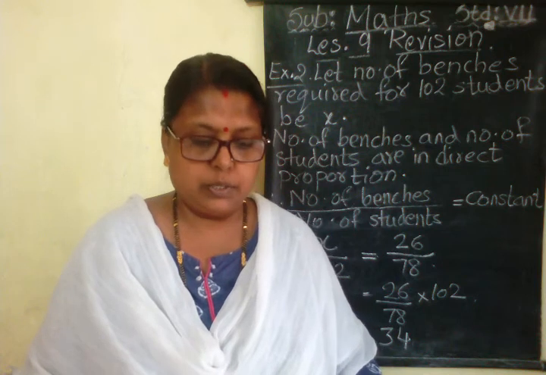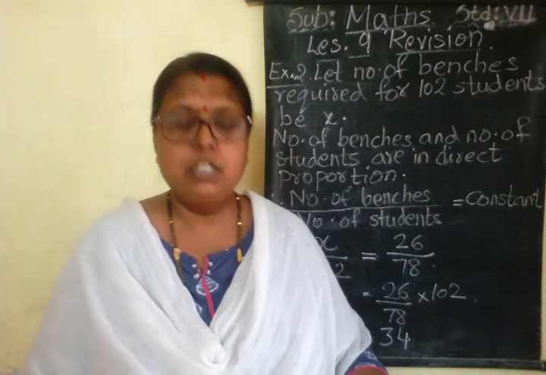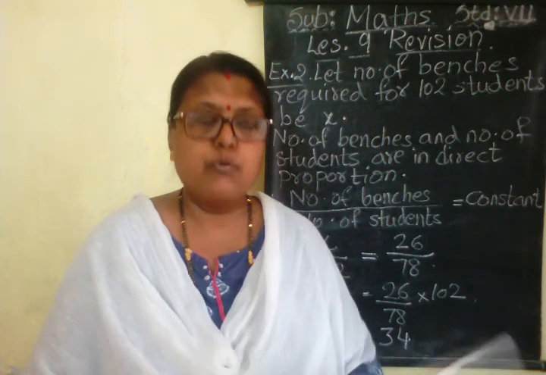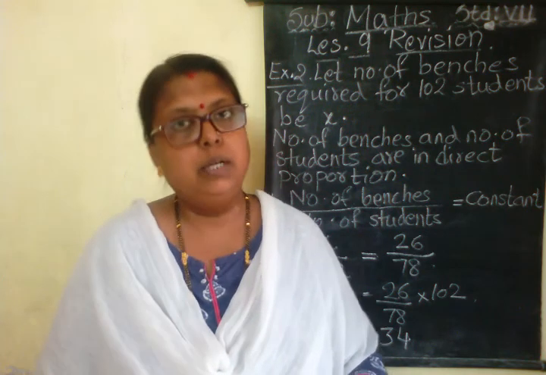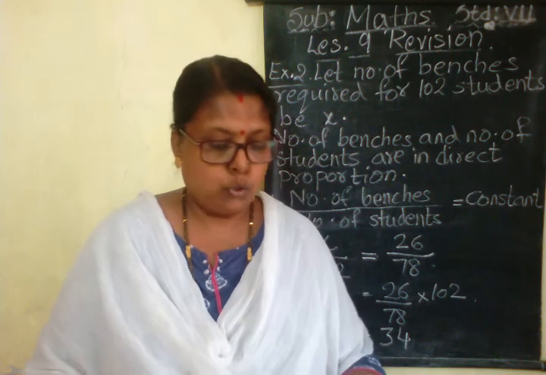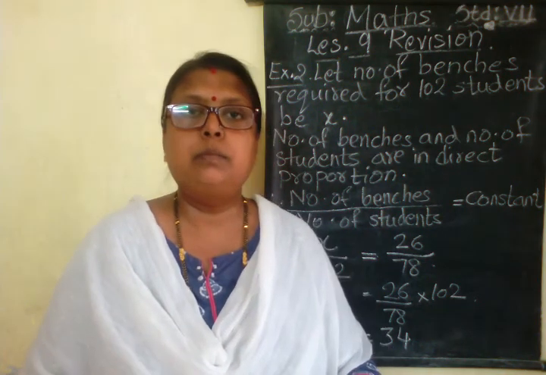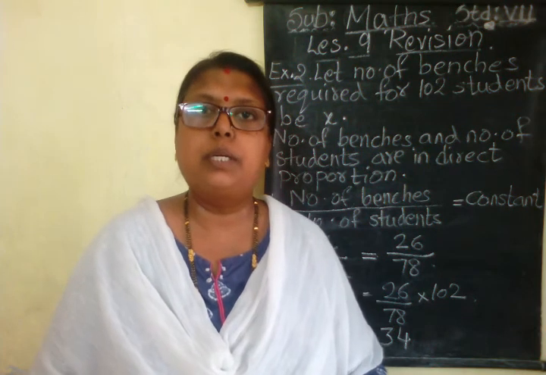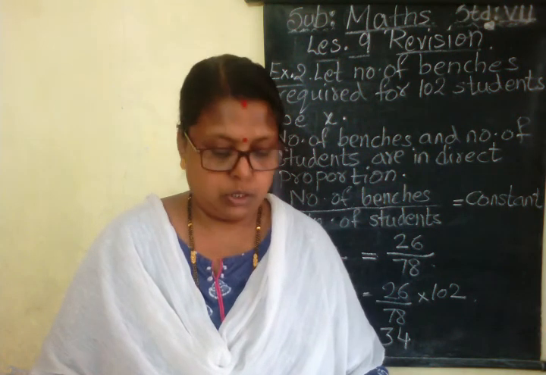Now children, after practice set 37, it is inverse proportion. As I have told you, in inverse proportion, when one quantity increases, the other one decreases. So there is one in which the product of the two quantities is constant.